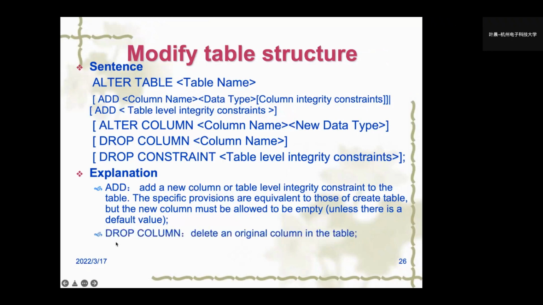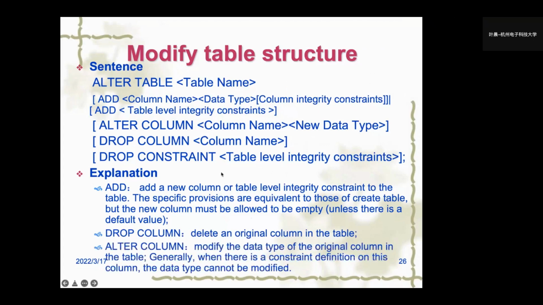And for the drop column here, it is used to delete an original column in the table. And for the operation of alter column, it is used to modify the data type of the original column in the table.